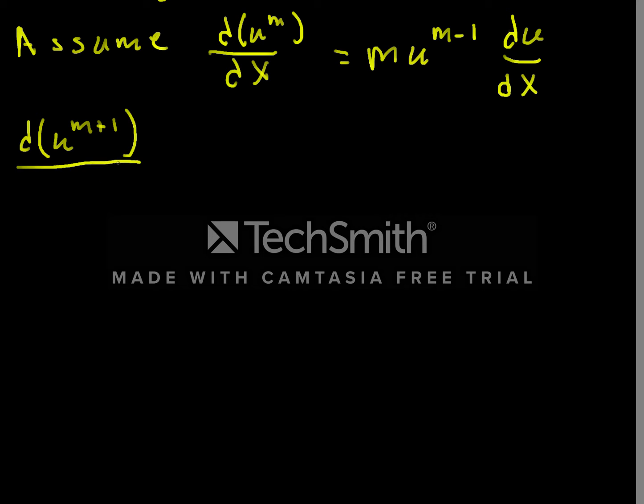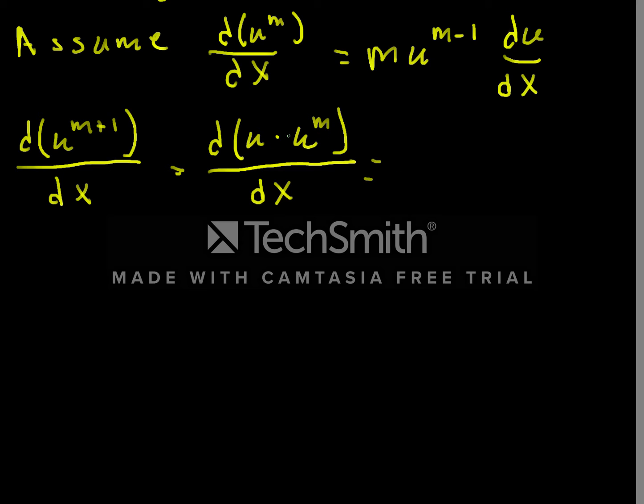So what the next exponent power would be, and this is d of u times u to the m, dx, which product rule says is du/dx times u to the m plus u d(u to the m)/dx.